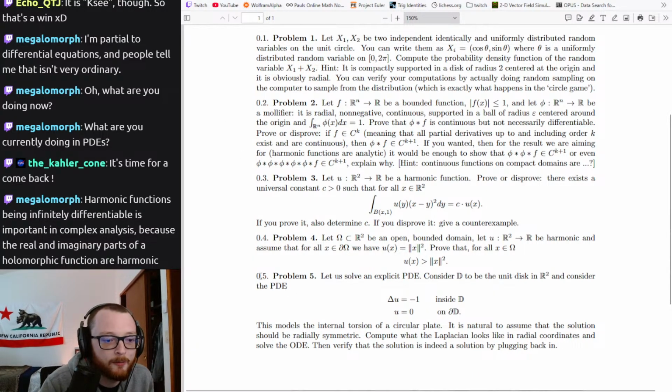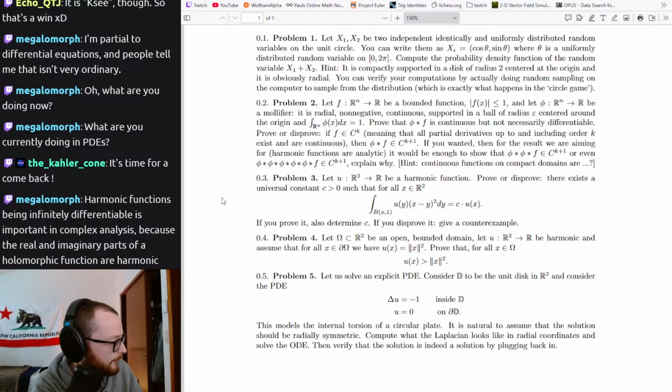Yeah, the only problem I was actually mostly able to do is problem 5. Everything else I'm pretty much stuck on. But I'll maybe eventually figure it out. I'm going to have to go to the TA's office hours because the professor's office hours are not going to be helpful for actually solving the homework.